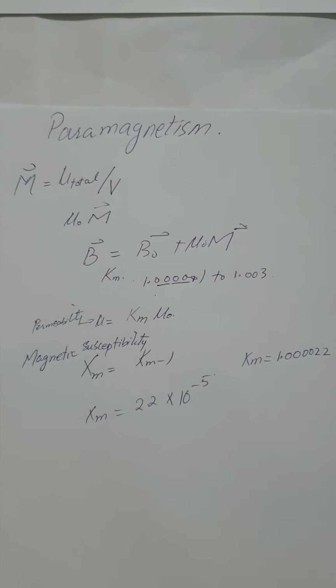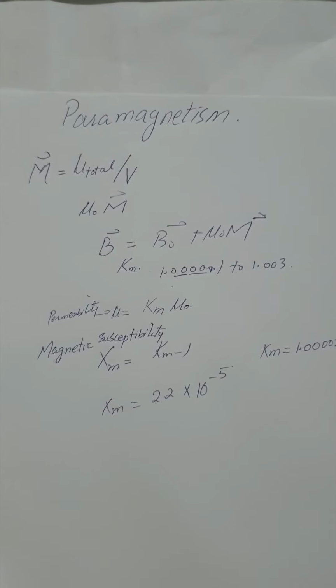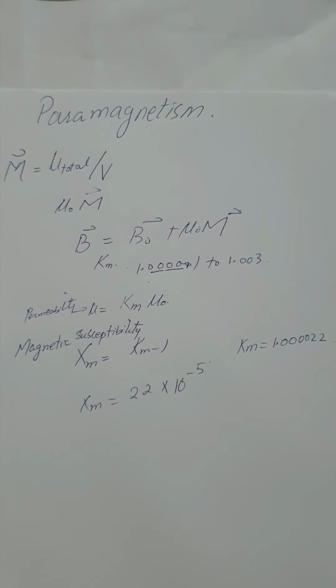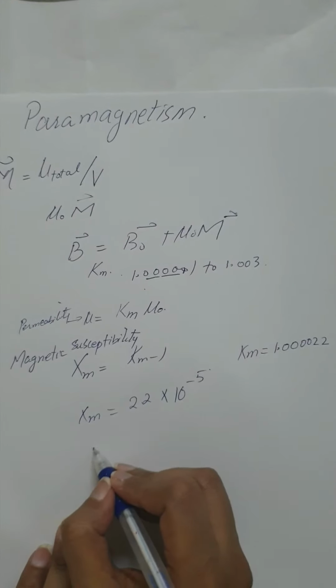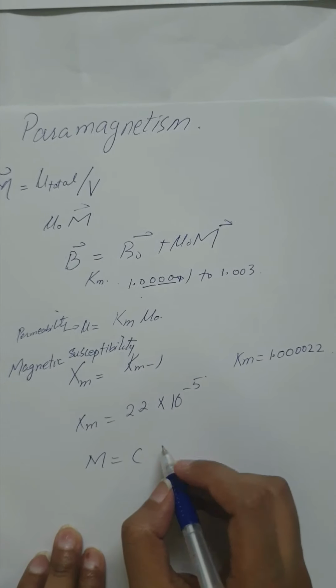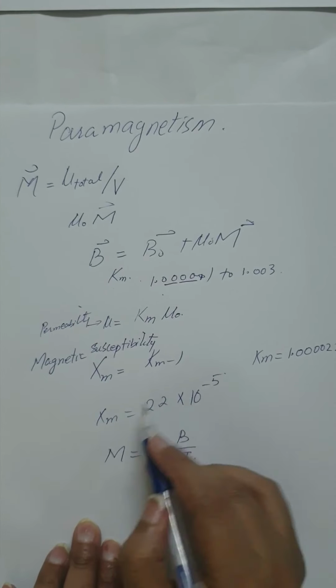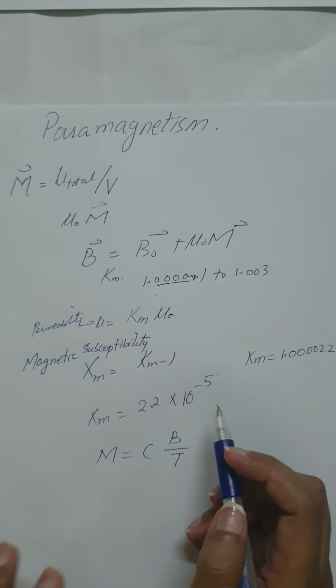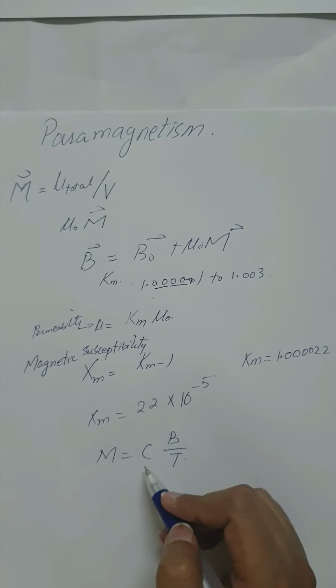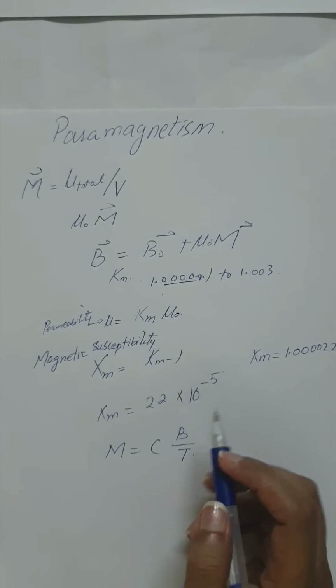In many cases, it is inversely proportional to the absolute temperature, and the magnetization can be expressed as M equals C B over T, and this is Curie's law. Here C is a constant, different for different materials, called the Curie constant.